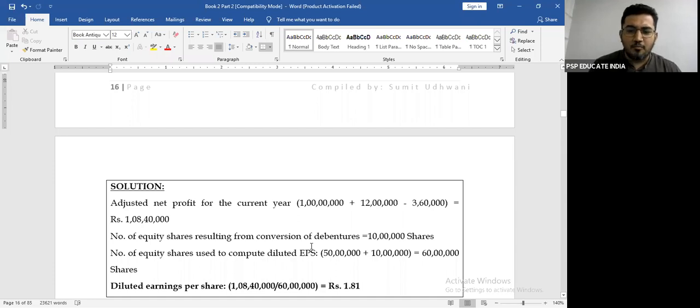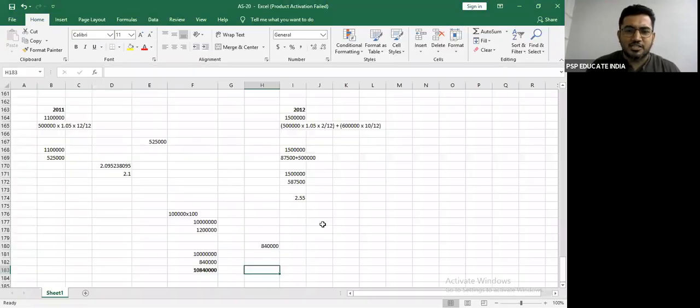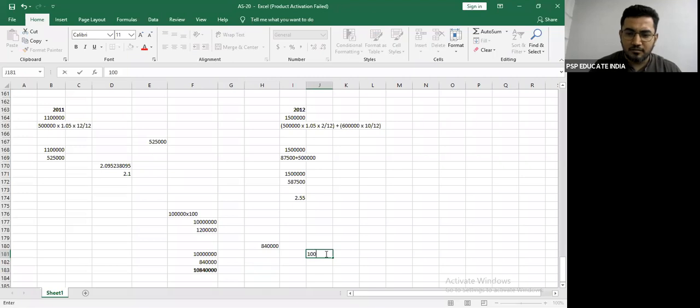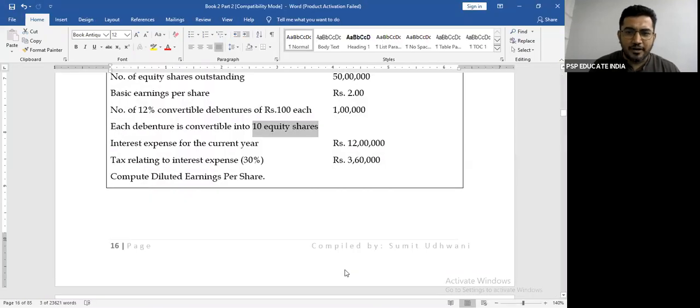Let's understand the number of shares that will increase. The number of debentures, 1 lakh is what we have right now. Each debenture will be converted into 10 equity shares. So 1 lakh into 10. How much do we get? 10 lakhs. So over here you have 10 lakhs and already you have 50 lakhs.